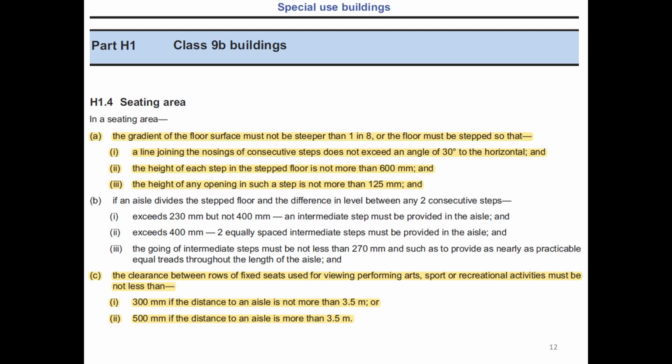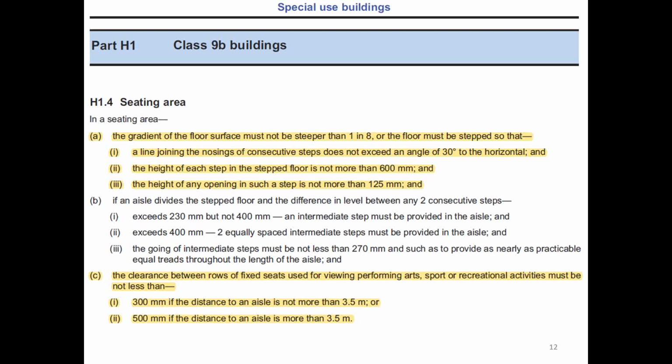And then the other interesting thing here is in terms of clause C1 and C2, which is really talking about the distance between the front of the seats in a row and the backs of the seats in front in the next row down. So what this means is that it's got a requirement here.